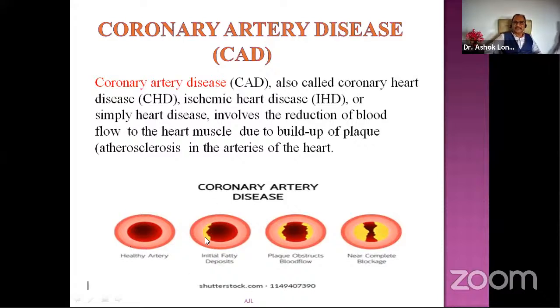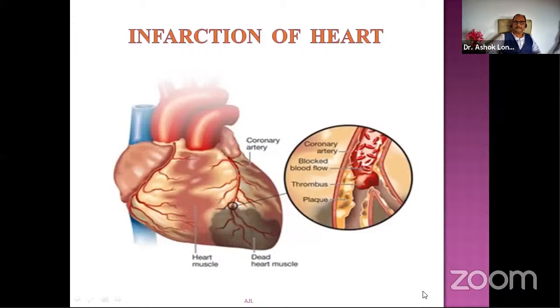See, initially this is the beginning of the deposition, then partial, this plaque is there, and then near complete blockage of blood. Now this is the plaque we have discussed; the plaque may be anywhere in the body, but mostly the plaque develops within the coronary arteries.